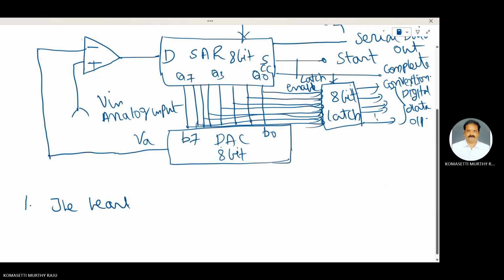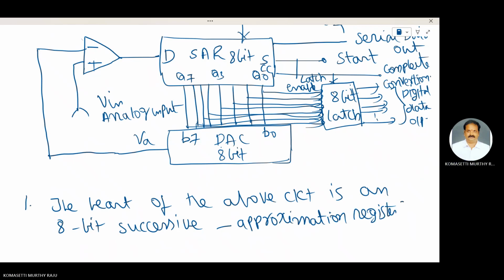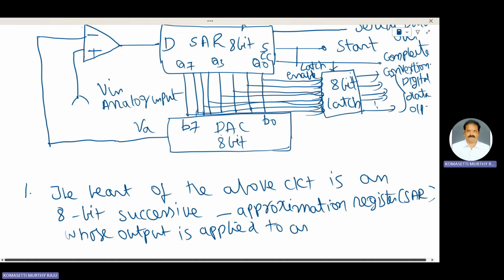The heart of the above circuit is an 8-bit successive approximation register, SAR, whose output is applied to an 8-bit digital to analog converter.